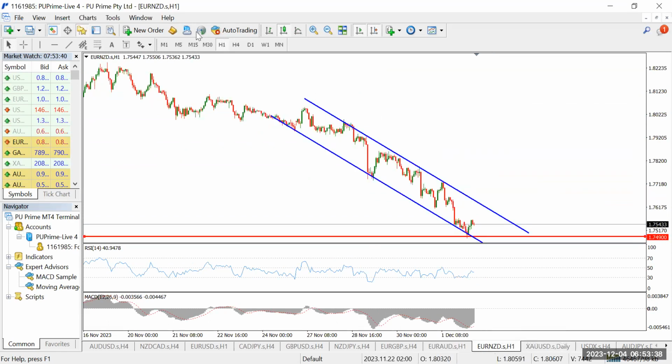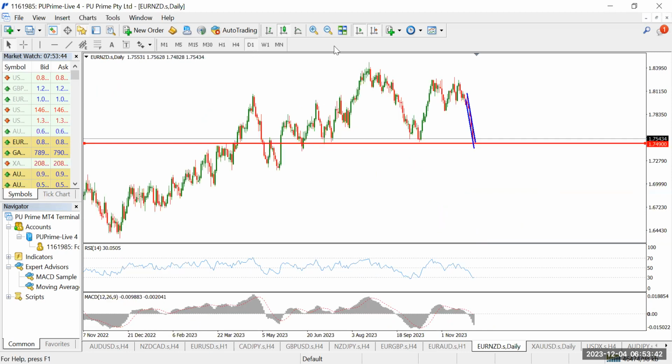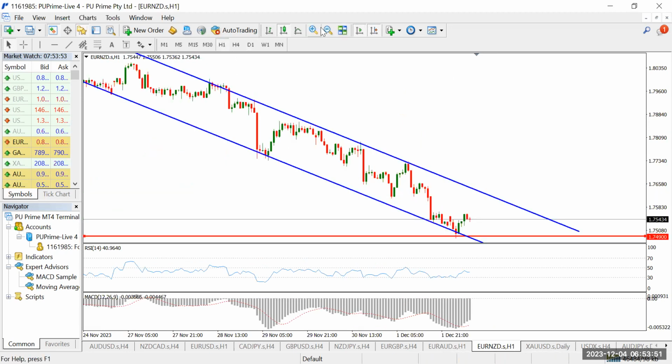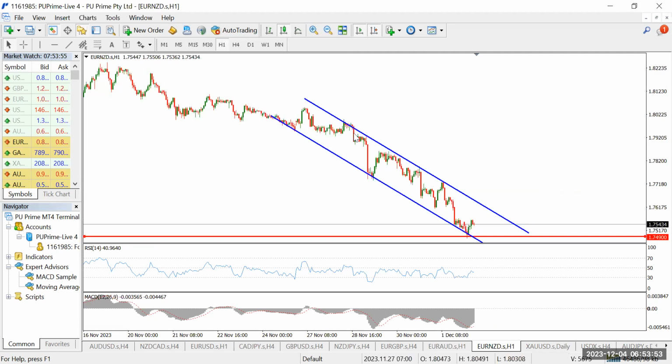And finally, we have the Euro New Zealand, which on the daily time frame equally hits a support level. You can see price already retracing from that level, and on 1 hour we have a falling wedge, a descending channel. So it's a bullish trade already forming an inverse head and shoulder pattern, which should lead to a bullish breakout.